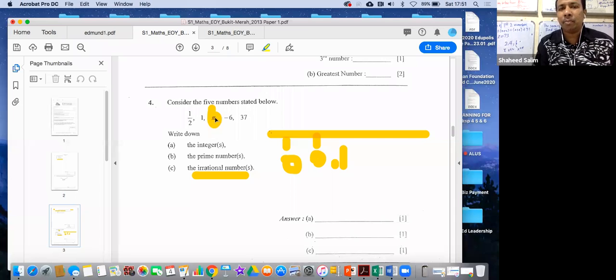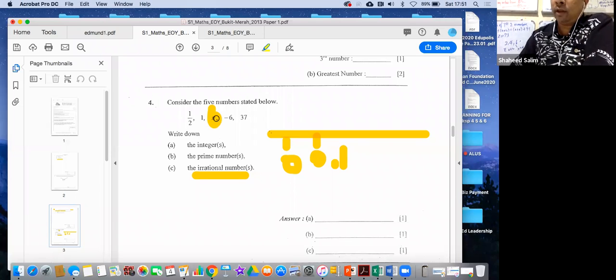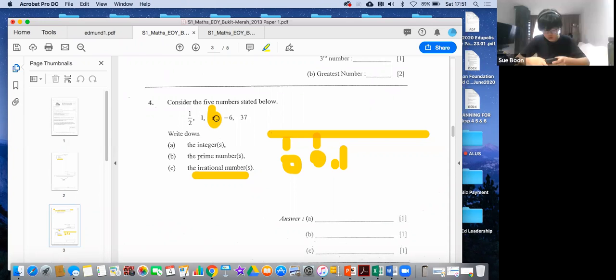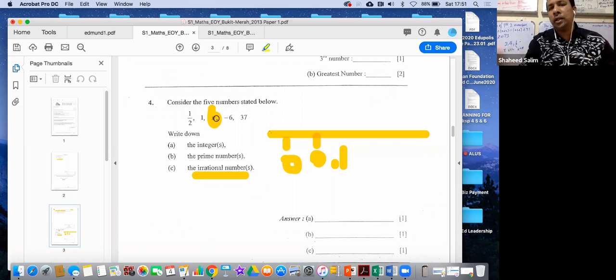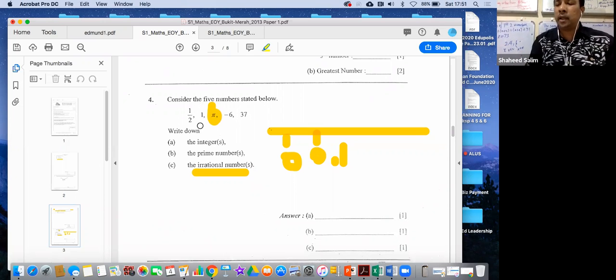That 3.14 something is a never ending number. You take your calculator, you take 22 divided by 7. What's your answer? You find a never ending number, correct? So you cannot show it on a number line.